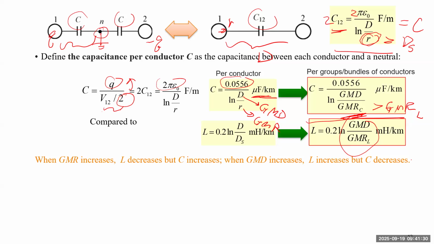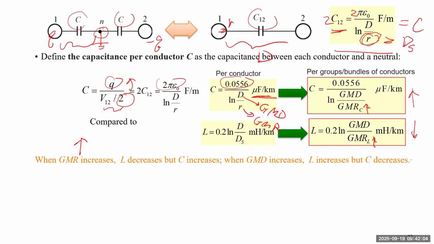If GMR increases, L will decrease and C will increase. So if you have a bigger conductor, the capacitance will increase, but the inductance will decrease.